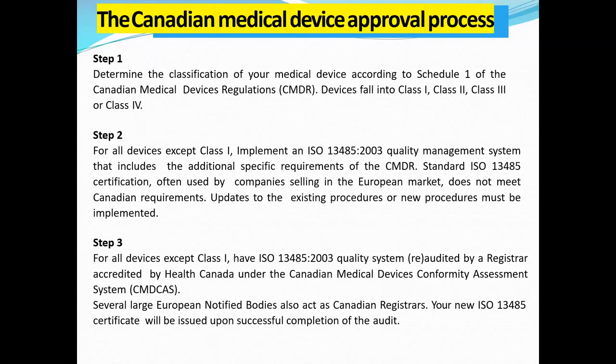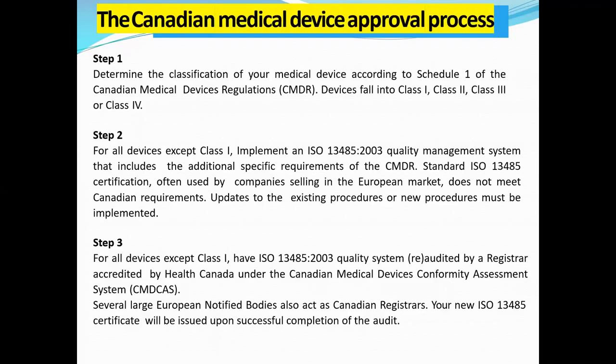So this is the ISO standard which we have to use everywhere, and it is very strict in the pharmaceutical and medical device industry, and it is a mandatory requirement for all manufacturers. Even in India, they ask for ISO 13485:2016 certification. The ISO certificate often used by companies selling in the European market does not meet Canadian requirements.